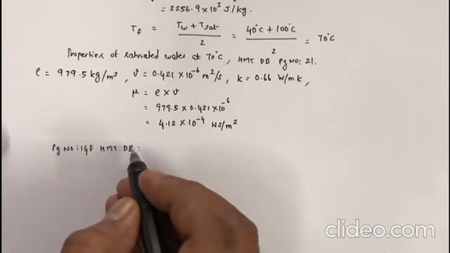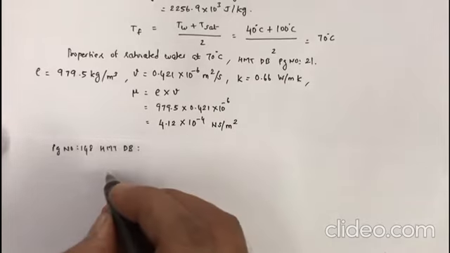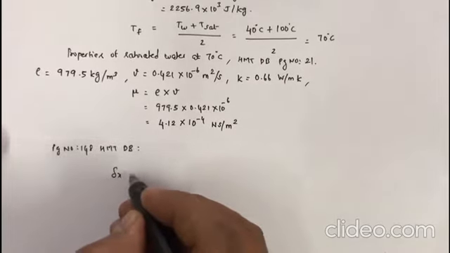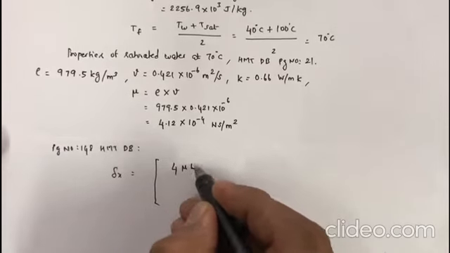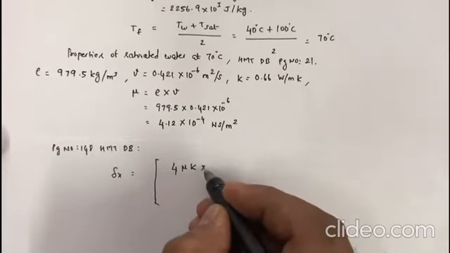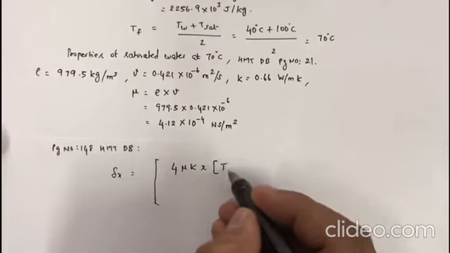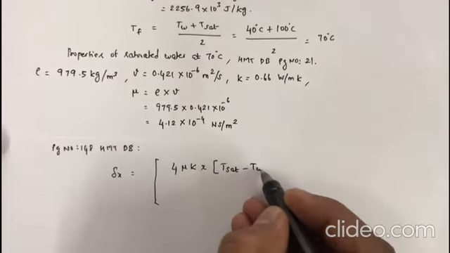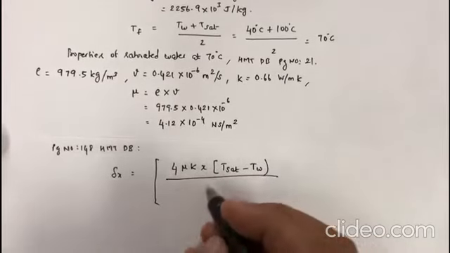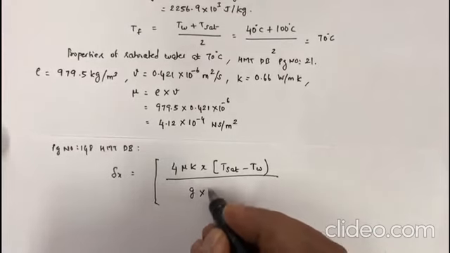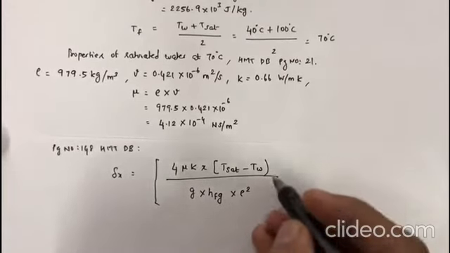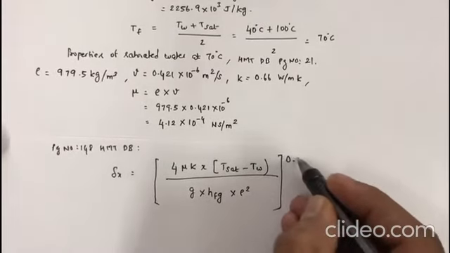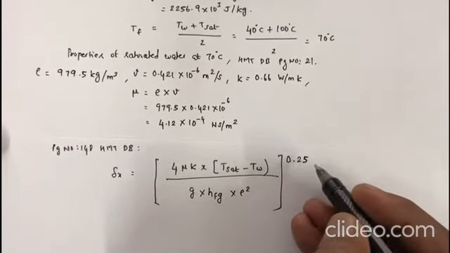From there you will see that the thickness is delta x equal to (4 mu k x into (Tsat minus Tw) divided by g into hfg into rho square) whole power 0.25.